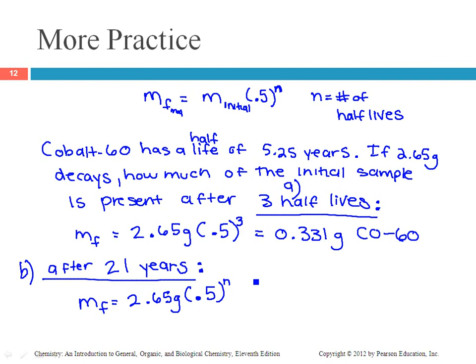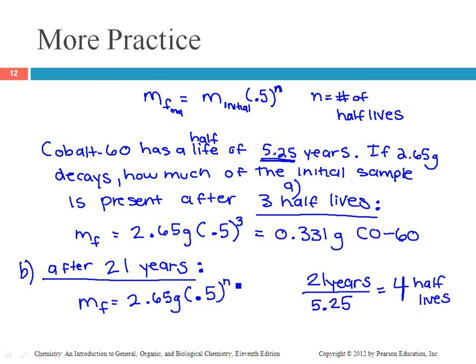Okay, so if we take 21 years, that's how long the sample is going to be decaying, and we go up here and we see that we have a half-life of 5.25, then this is just like what we were doing earlier. This was that first big step that we had to do, find the number of half-lives. So we have 4 half-lives.